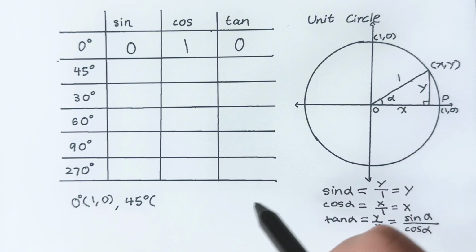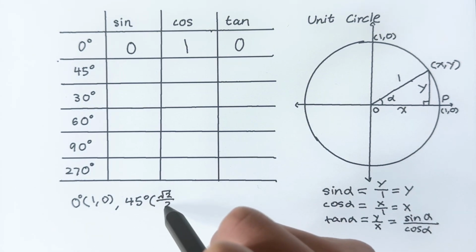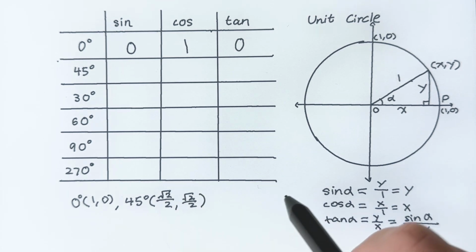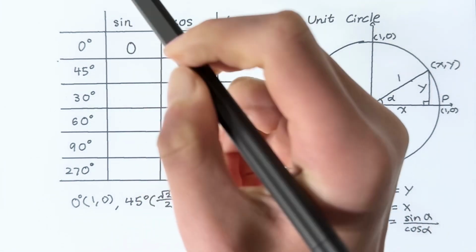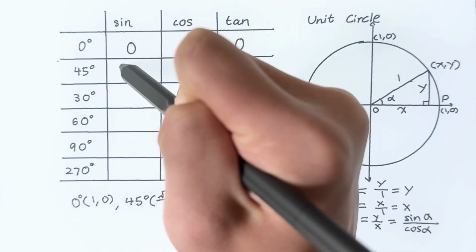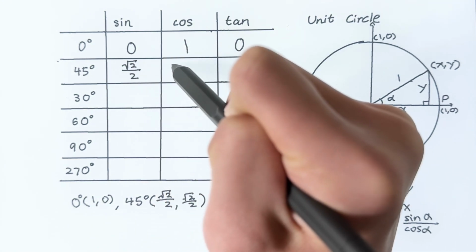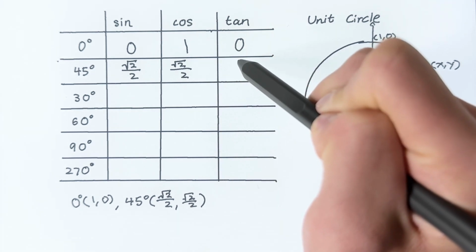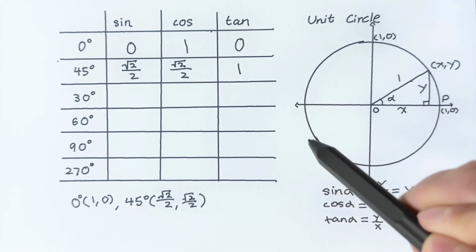So on the unit circle, the coordinates can be depicted as square root 2 over 2, square root 2 over 2. This means that the sine and the cosine are equal. And then square root 2 over 2 over square root 2 over 2 is 1. So the tangent equals 1.